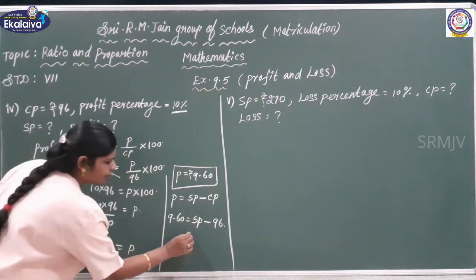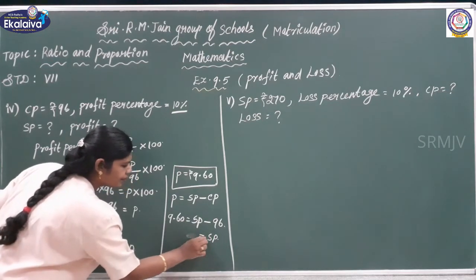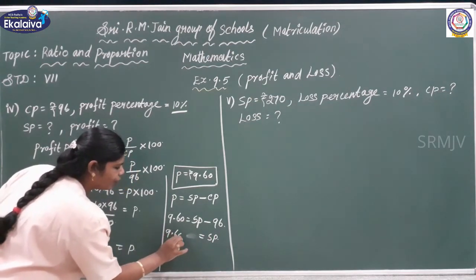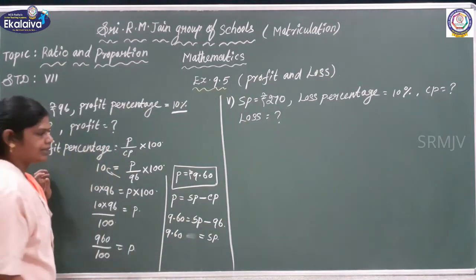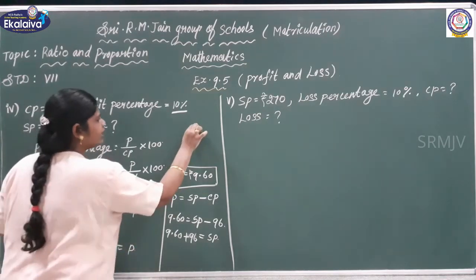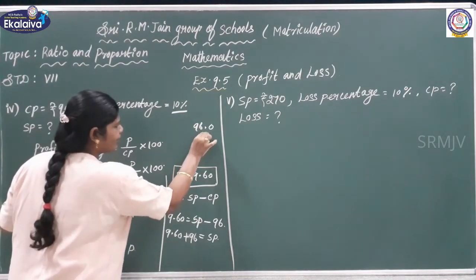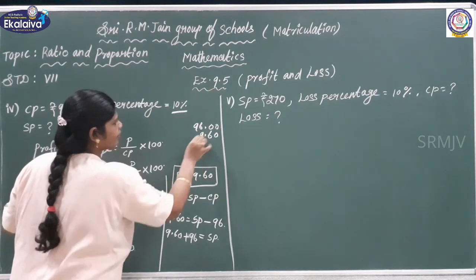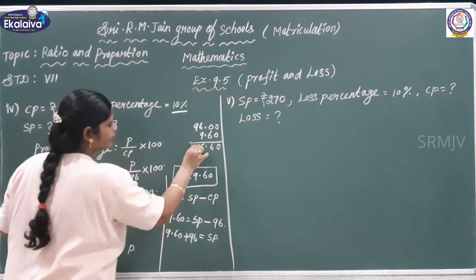Okay. Just selling price you keep it here 9.60. The negative will change other side positive. So plus 96. Now you add this 96.0, then 9.60. Now add this 6, 15, 10.